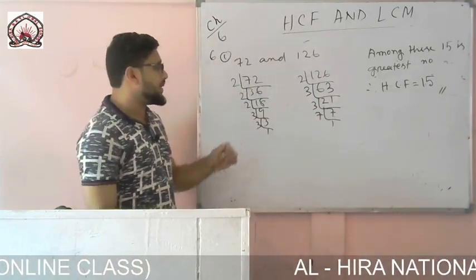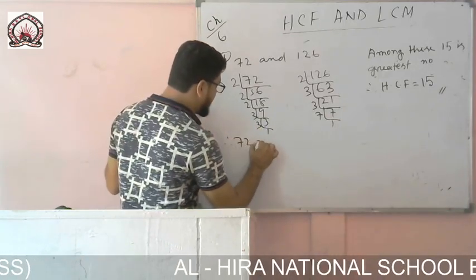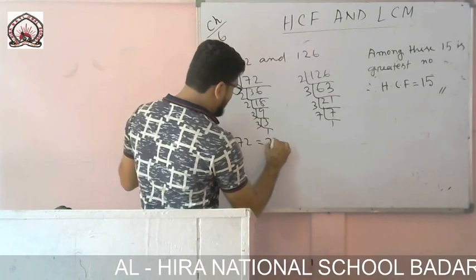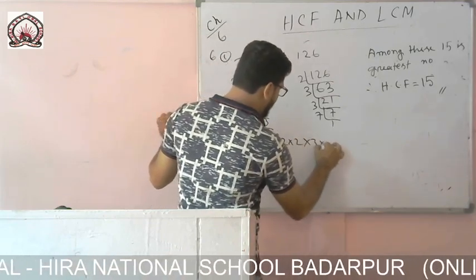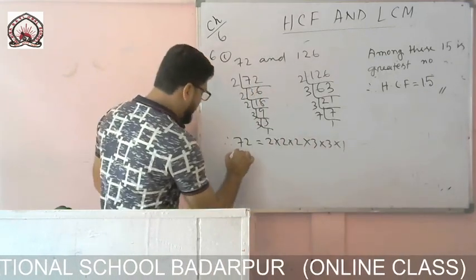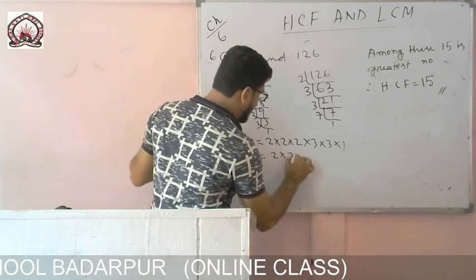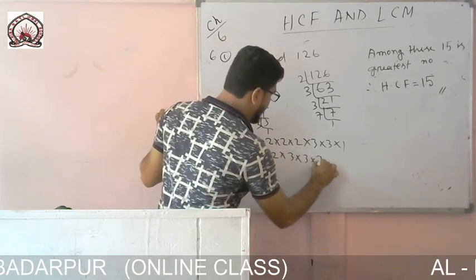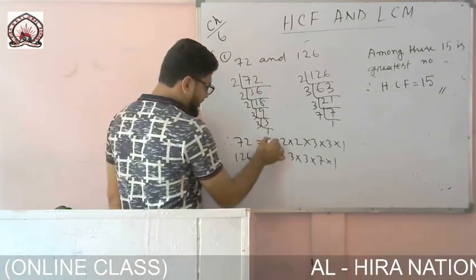Understood? Now write, therefore 72 equals to what? 2 into 2 into 2 into 3 into 3 into 1. Okay, now 126 equals to what? 2 into 3 into 3 into 7 into 1. Now group the common factors.